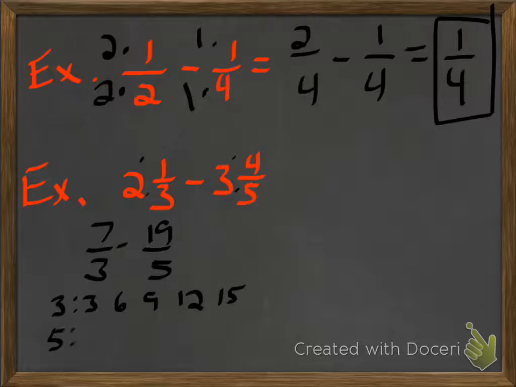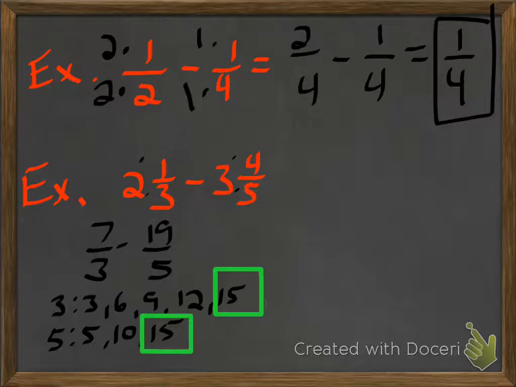Now 5 would be 5 times 1 is 5, 5 times 2 is 10, 5 times 3 is 15. So my least common multiple, least common denominator, is 15. So let's set that up. I'm going to put it up here so we have a little bit more room. 15 and 15.